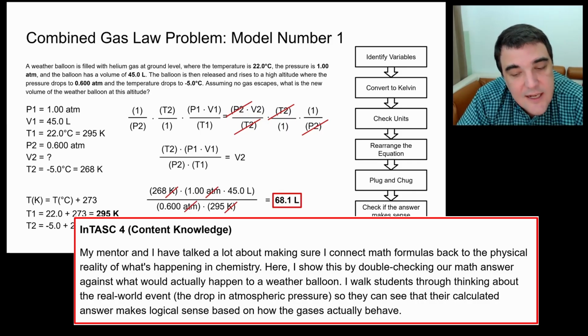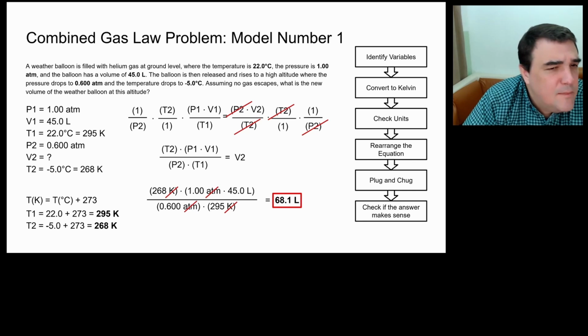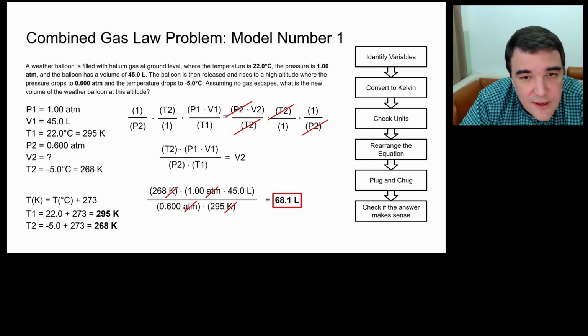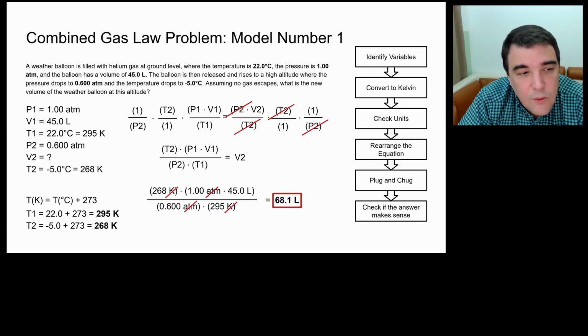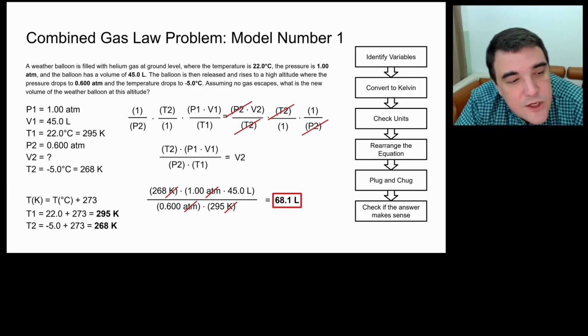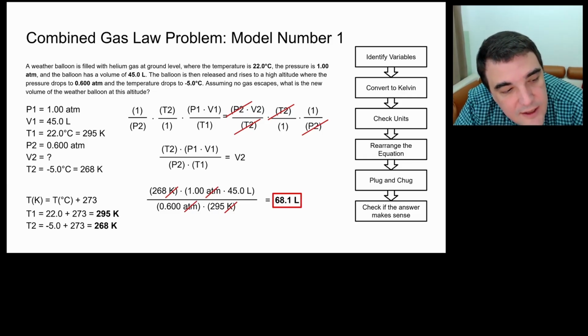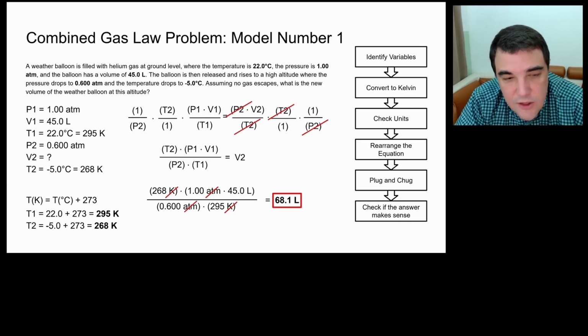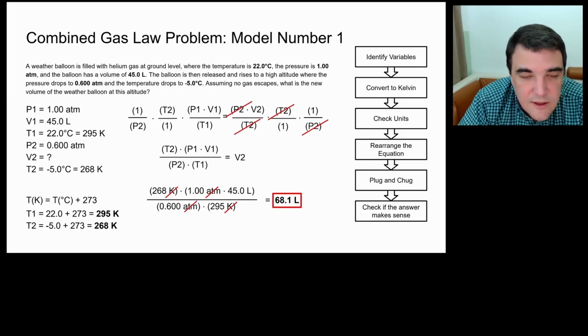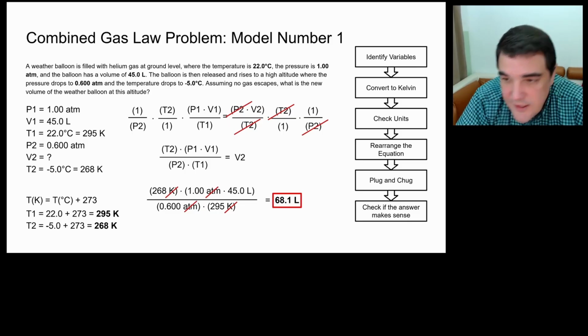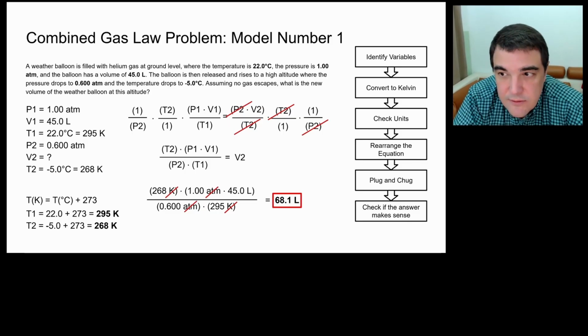Less than doubling, so maybe a 50% increase there. Now let's think, what changed? The pressure decreased by about 50%, and the temperature decreased a little bit, not too much. So the volume increase there makes sense. It seems reasonable. All right.